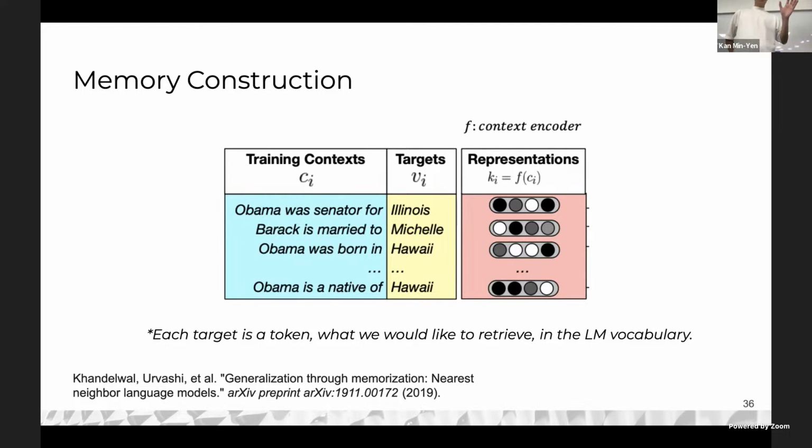For example, the sentence, Obama is a native of Hawaii, has 6 tokens. We can select the first 5 tokens as the context and the last token as target. Here we also have a context encoder to fuse the sequential context into a unified representation, and it will be used in further distance calculation.